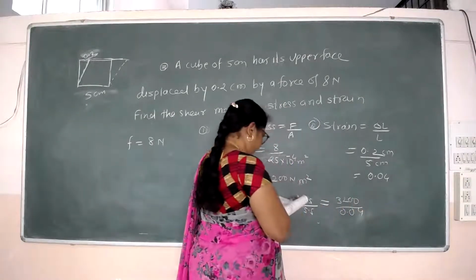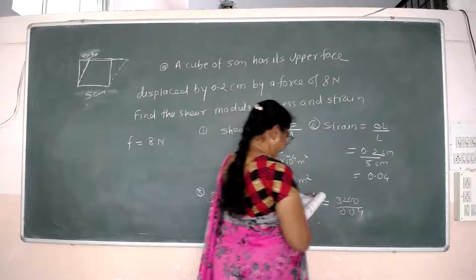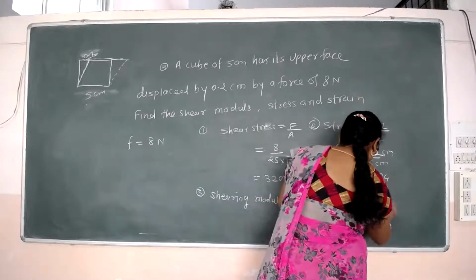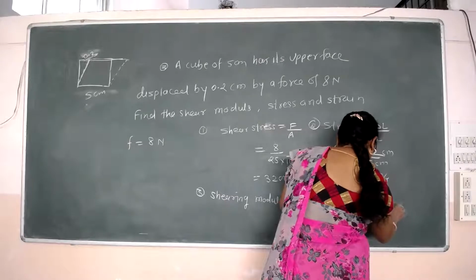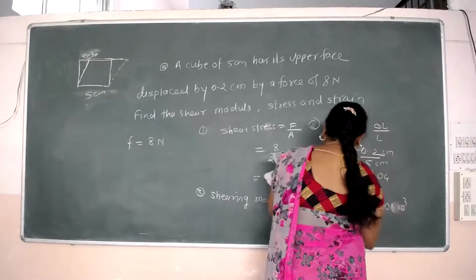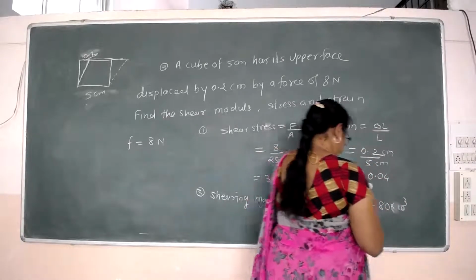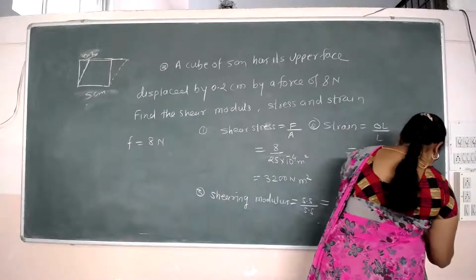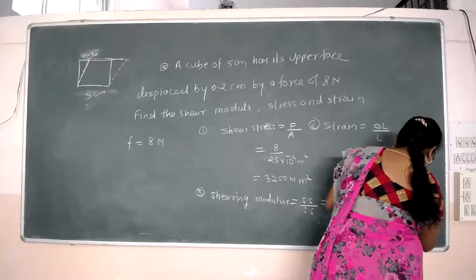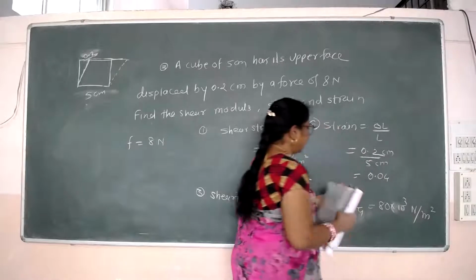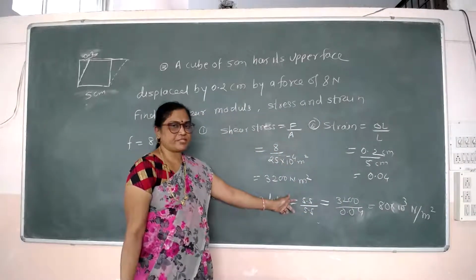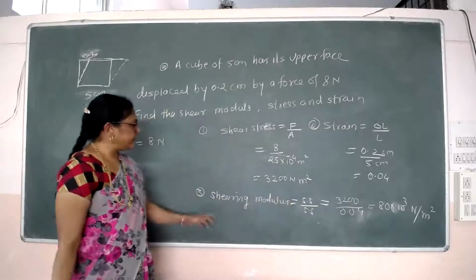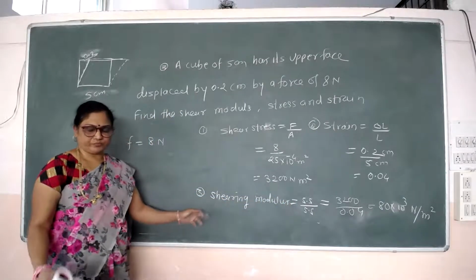So calculate this value. We got the answer 80 into 10 to the power of 3, that is Newton per meter square. The unit for force is Newton and the unit for area is meter square. So in this type we calculate the shearing modulus also.